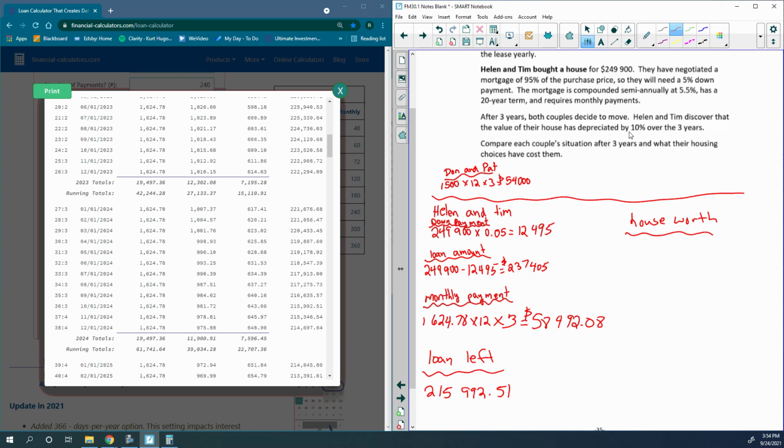So their house is worth 10% less, or 90% of what it used to be. So I'm going to take the original price of the house, $249,900, times 0.9, because it's worth 90% of what it originally was.